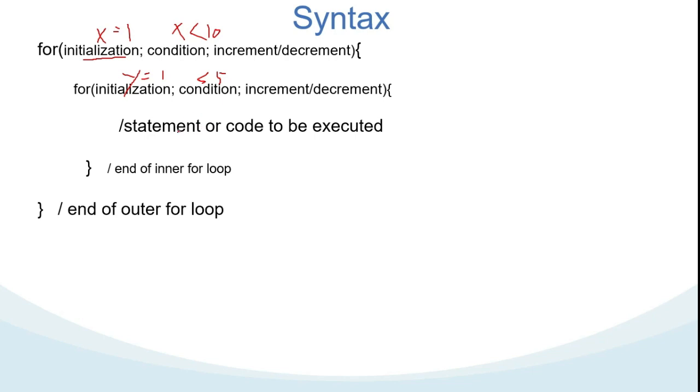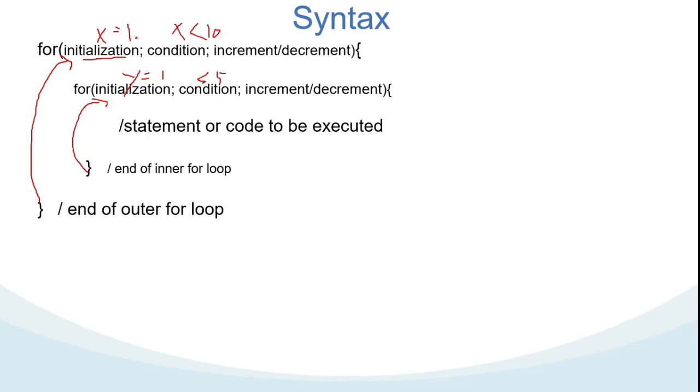Once the statement inside is executed, it will go back to check the condition. Increase the variable by 1, and then check the condition, true or false. If it's true, execute again, increase again by 1, check again the condition until the condition is false. Once the condition is false, we quit here and then go to the outer loop and go back to the condition.